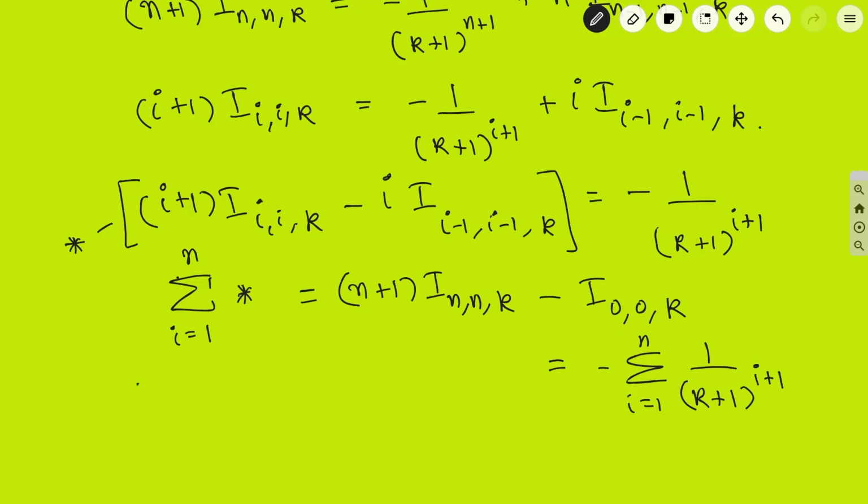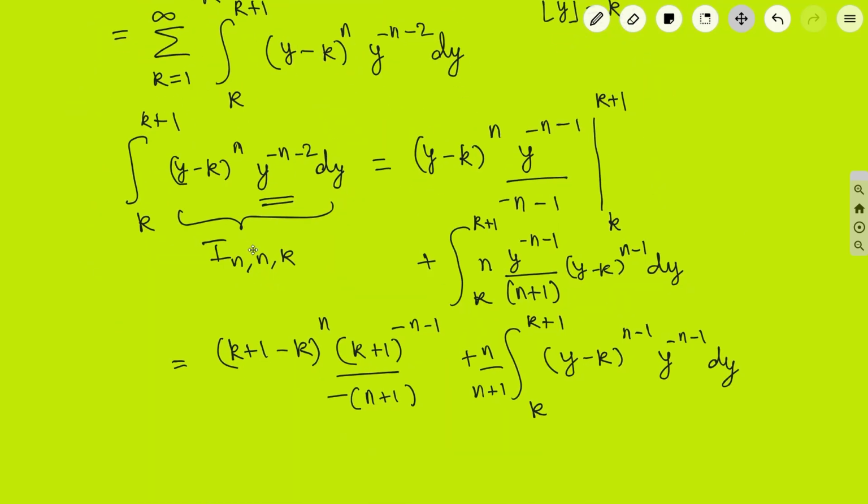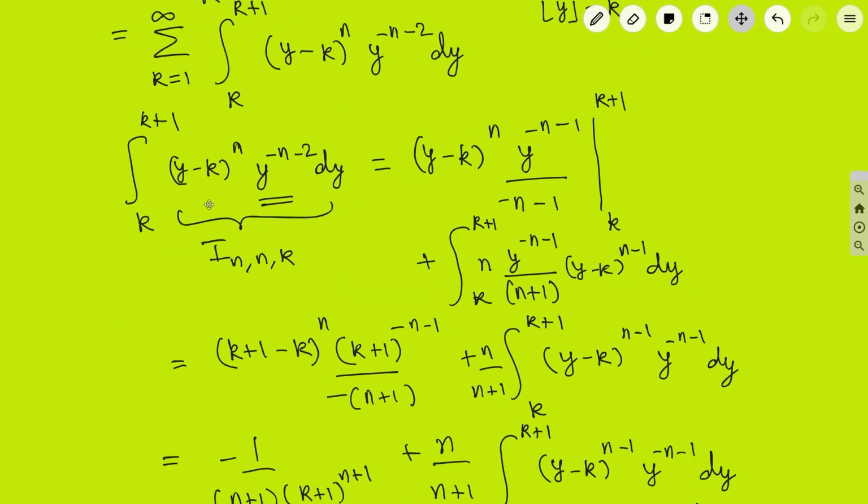So I_{0,0,k}, actually you can go and convince yourself by doing this on your own. Remember, I_{n,n,k} is this integral, right? So when you plug in n equal to 0, you are basically left with this kind of integral: the integral from k to k plus 1 of y raised to minus 2 dy, which very easily can be evaluated.